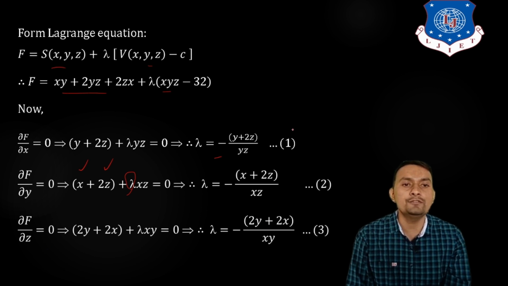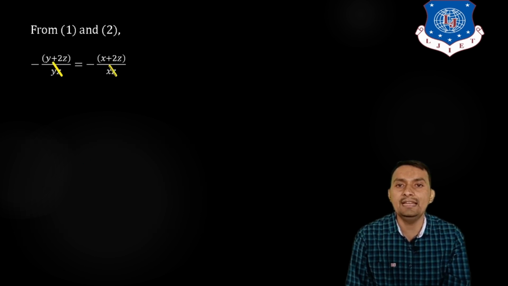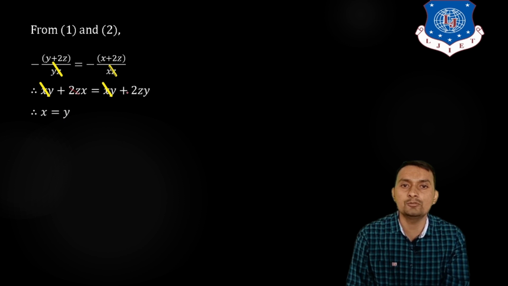From equations 1 and 2, first we compare this one, and after that we compare the other. From 1 and 2, z will be eliminated, and after simplifying we take the cross product. When we take the cross product, xy plus 2zx equals xy plus 2yz, and xy is eliminated and 2yz is also cancelled out.